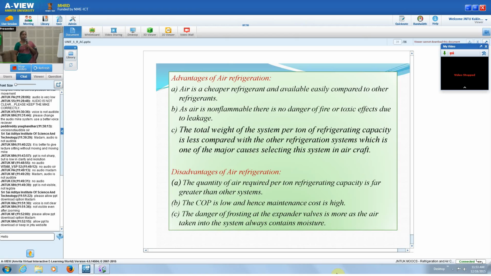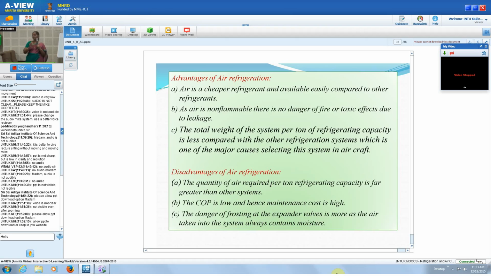Then the COP of air refrigeration is always low compared with that of the vapor compression or vapor absorption systems, and it also requires high maintenance. And the danger of frosting at the expander valves is more, as the air taken into the system always contains moisture.